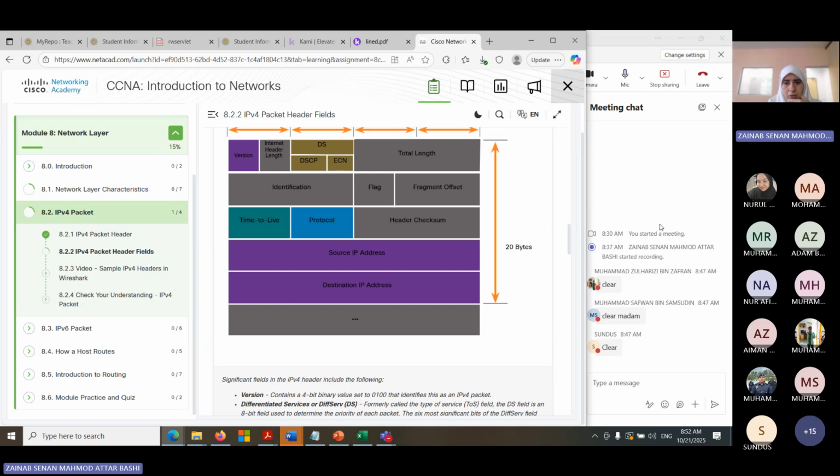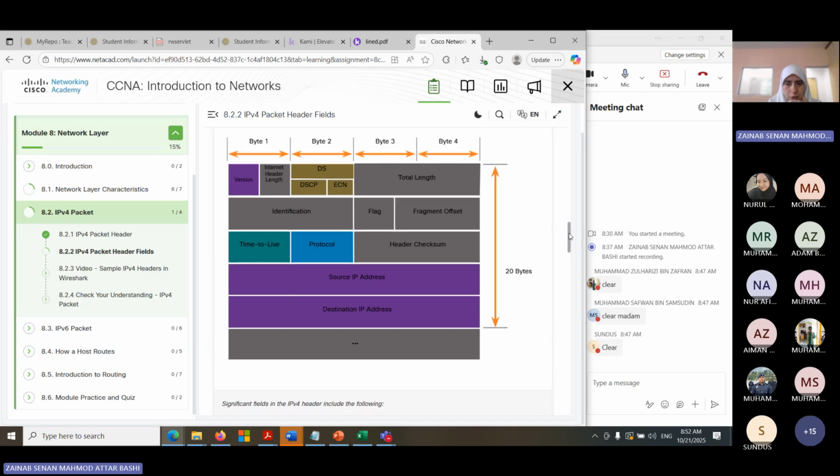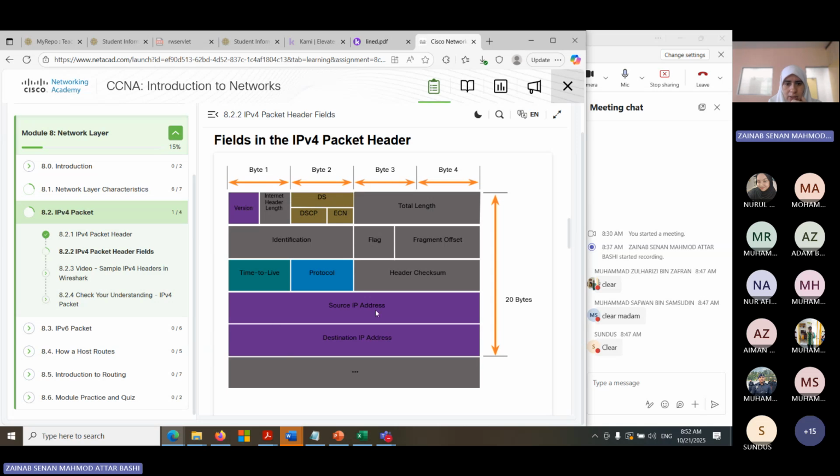Now, if you look at this IPv4 header, when they did protocol version 4, the address fields are 32 bits each, for the source address and the destination address. So the source IP address is 32 bits and the destination IP address is 32 bits.